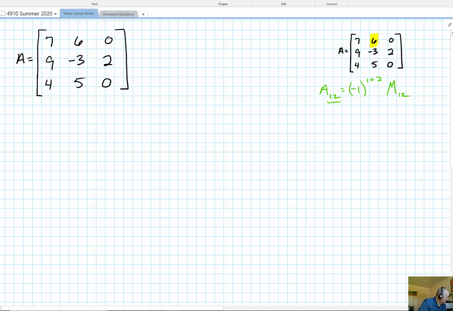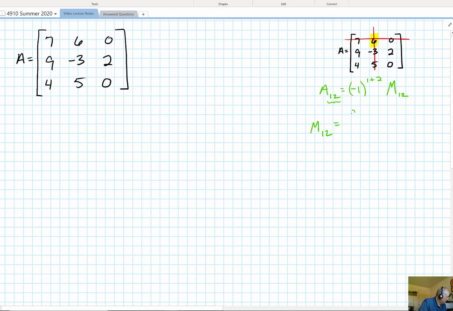Now what is m sub 1, 2? M sub 1, 2 is the determinant. What you do is you cross out, for the entry you're talking about, its column and its row, and you take what's left over.